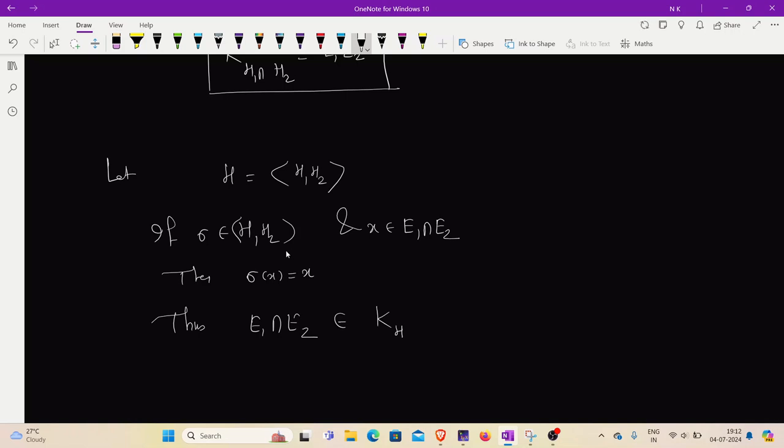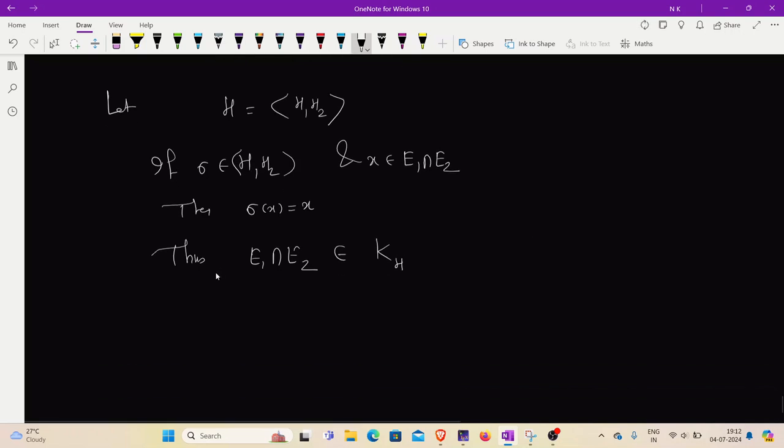Now to establish the second part, see, H1 is a subgroup of H. So from part 1 of this theorem, the fixed field of H is contained in the fixed field of H1.